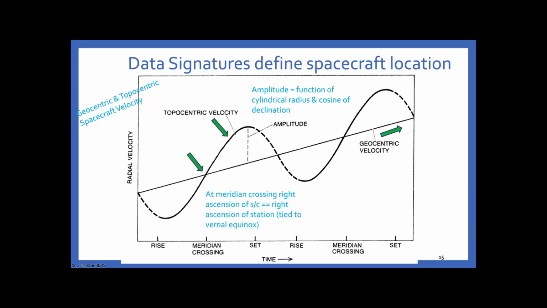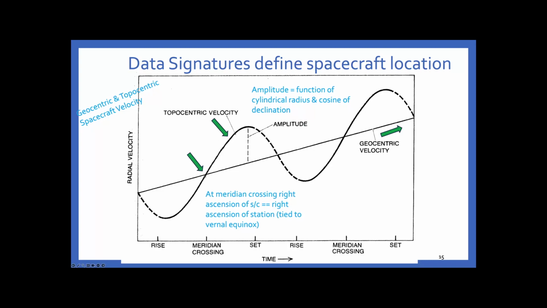And just as the spacecraft goes over the station meridian, there will be zero velocity. And at that time, the right ascension of the spacecraft is equal to the right ascension of the station, which of course all gets tied back to where the vernal equinox is. And as the pass continues, of course, then the velocity is going to maximize up here until it sets. And then, of course, it's behind the Earth here, but this signature repeats every day.